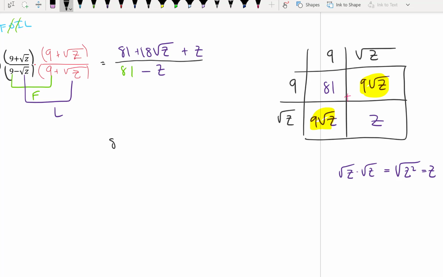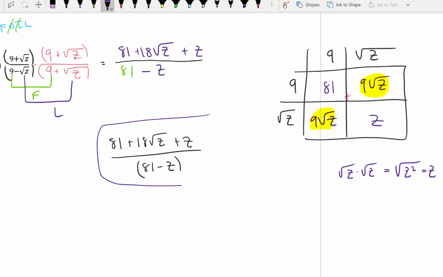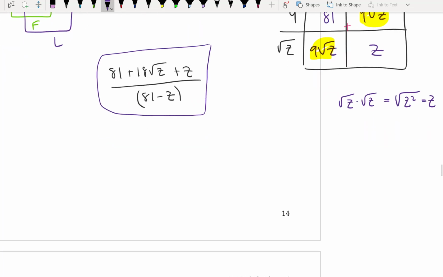So my answer, 81 plus 18 square root z plus z over 81 minus z. And that is going to be my final answer. I cannot cancel the 81 in the numerator with the 81 in the denominator because that 81 is being subtracted by z, so I can't do anything much with that.